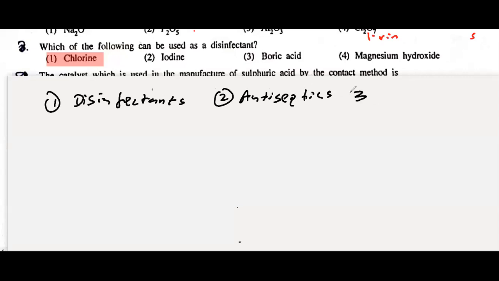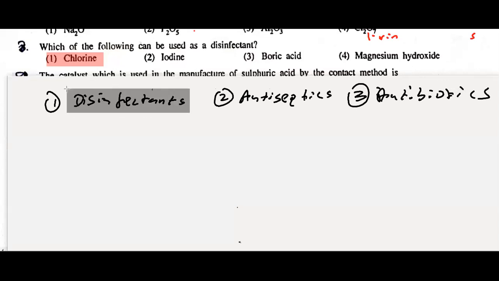Number 3, antibiotics. So disinfectants are for non-living surfaces, non-living things. Examples: toilet, bathroom, drains, right? Toilet, bathroom, drains.